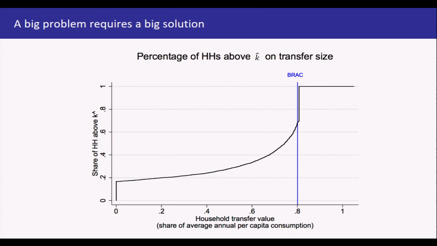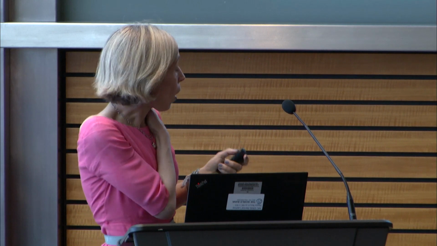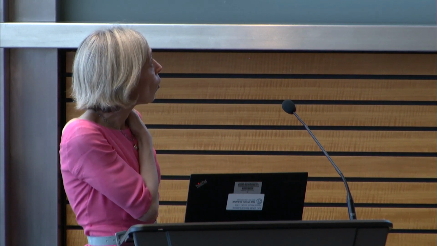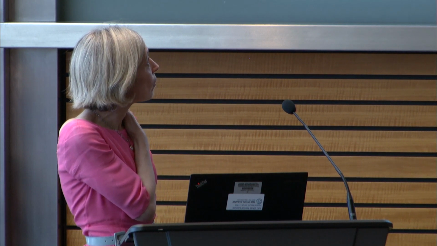The BRAC program is up there. It's about 0.88. It shouldn't be a 0.8. It's 0.88. And it brings roughly 67% of households out of poverty permanently. There is a group that were already above the threshold, which is very small, and then there is about 25% who slide back.